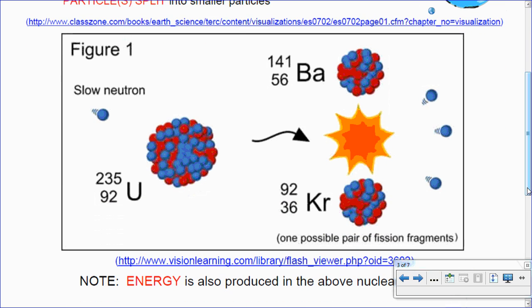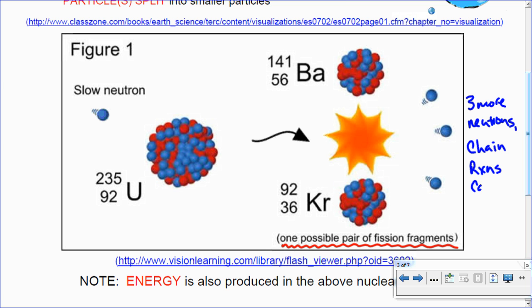Uranium captures a neutron, it's hit with a neutron, and it breaks apart into barium and krypton and more neutrons. This is one possible pair of fission fragments. One of the things about these is that they're not always guaranteed as to what's going to come out of it. But what does definitely come out is we get 3 more neutrons, which can go out and hit other uraniums and cause chain reactions. So chain reactions can result.